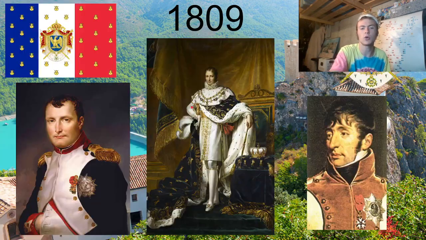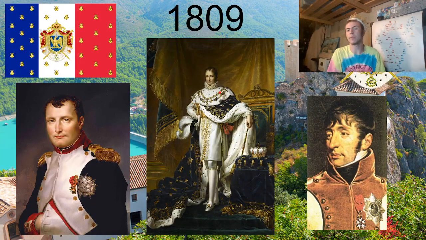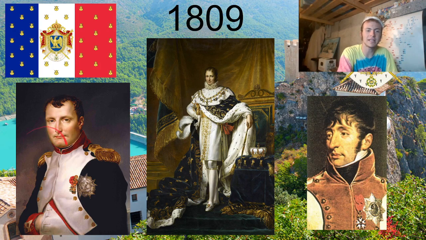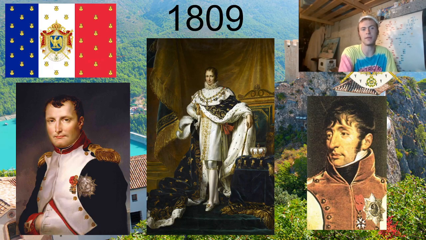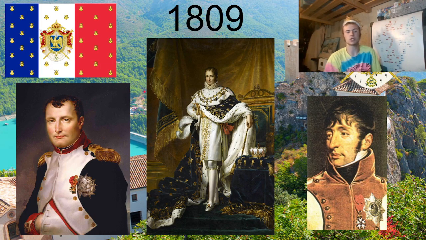So his older brother Joseph ends up ruling the Spanish portion of Napoleon's French Empire. Although Napoleon's emperor, he's just kind of emperor of the Spanish part. So as you can see, we've got kind of a flag change up here. We go from the Spanish royal family to the French Empire. That is the short-lived empire of the Bonapartes.